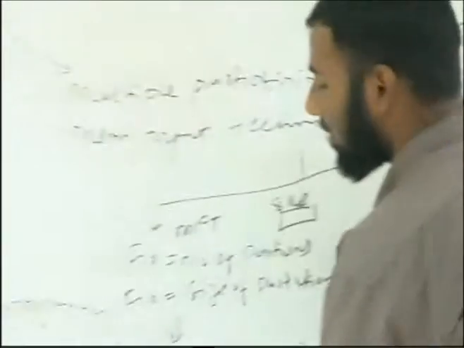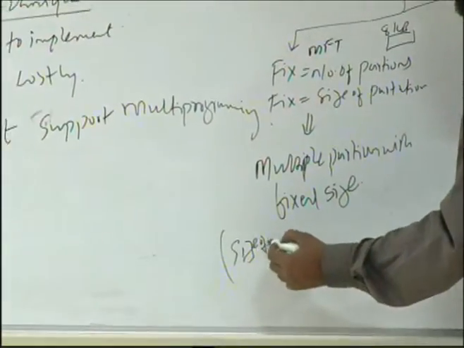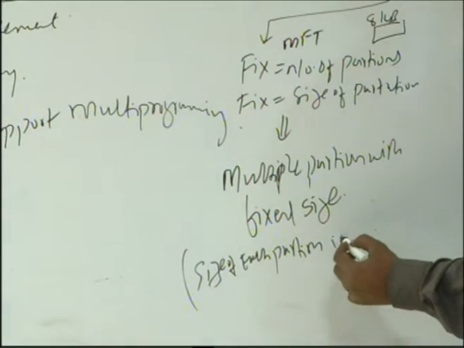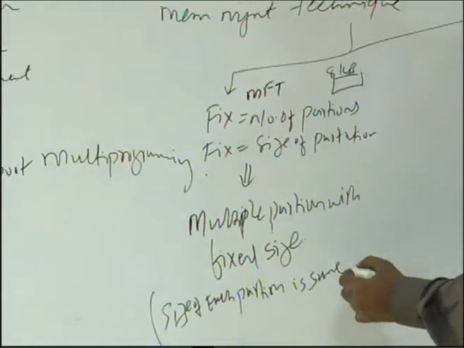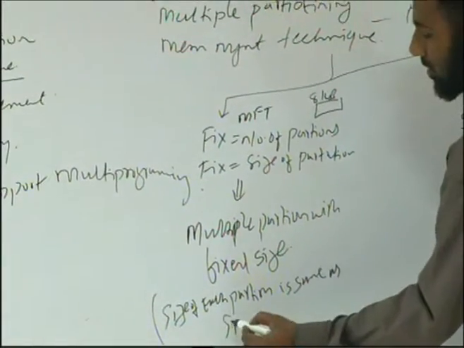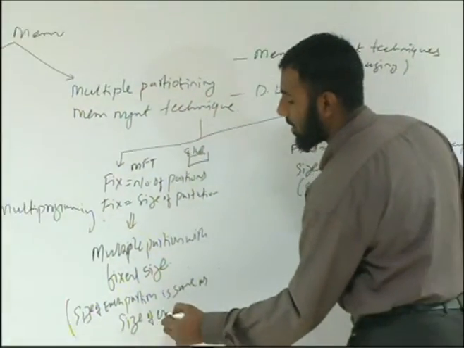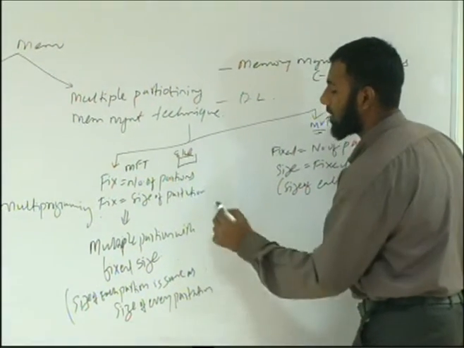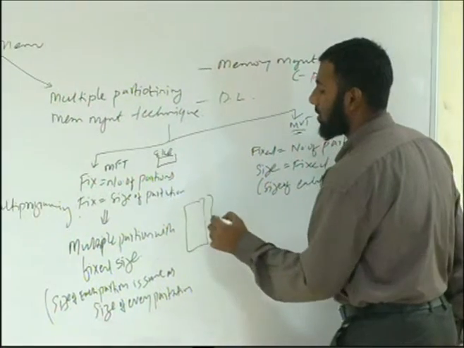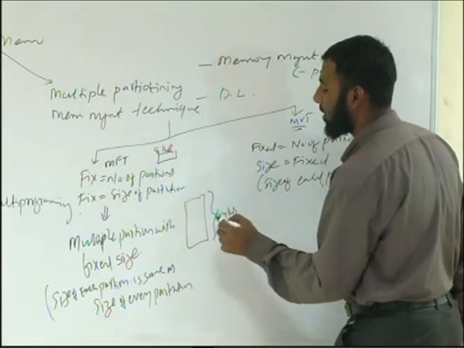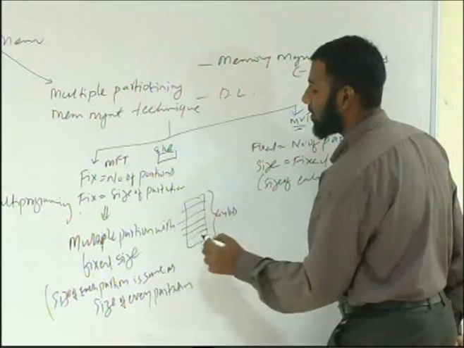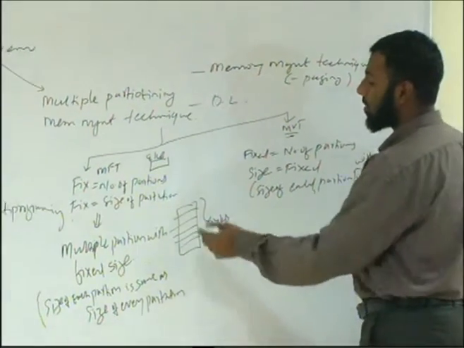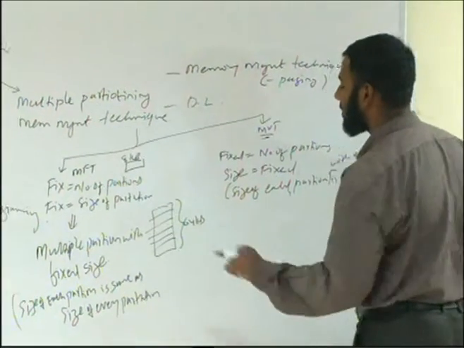Whereas in MFT, the size of every partition is the same. As I told you, if I have 64 kilobytes of memory, then 8 partitions with equal sizes have been made.